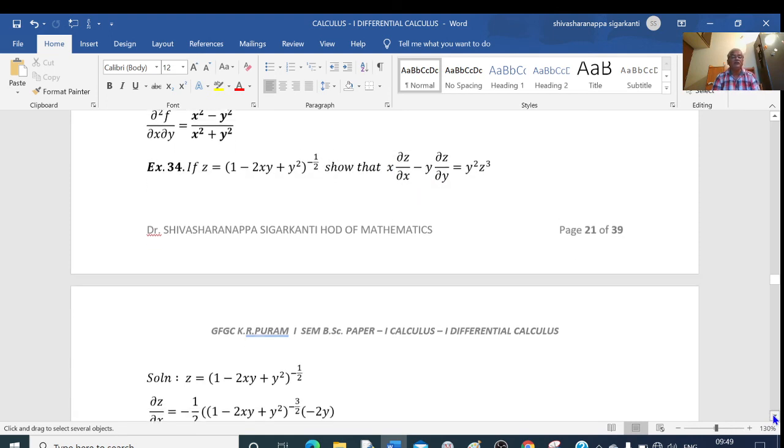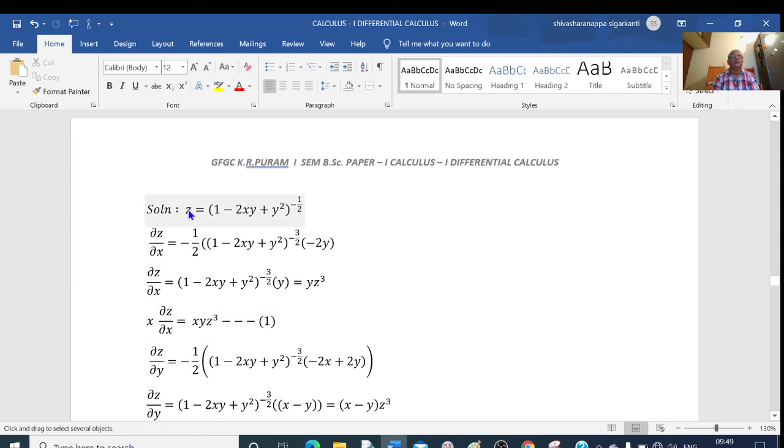Okay, the given equation is z equals (1 minus 2xy plus y²) to the power of minus 1 by 2. This is my z. If I differentiate this with respect to x, I am getting first power derivative minus 1 by 2 into (1 minus 2xy plus y²) to the power of minus 1 by 2 minus 1, that is minus 3 by 2, into differentiation of this bracketed quantity with respect to x.